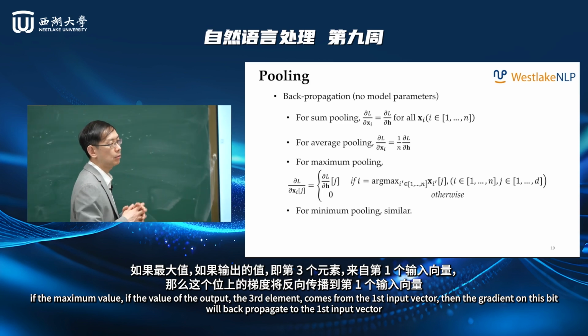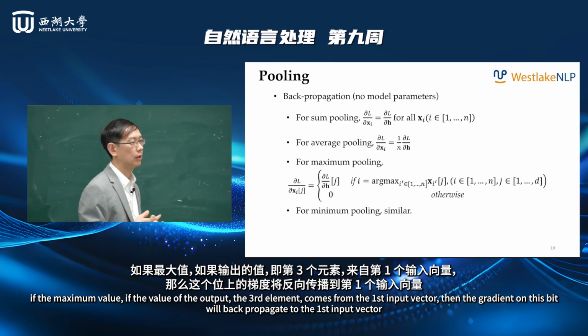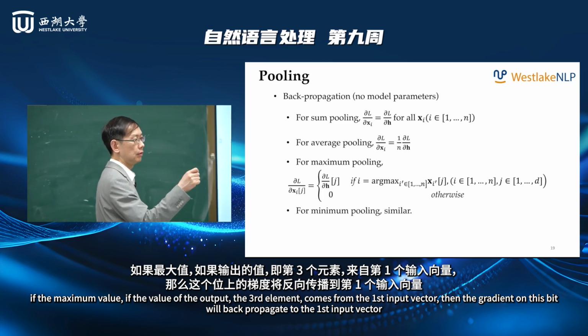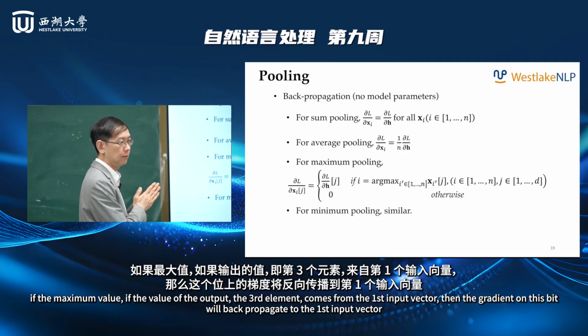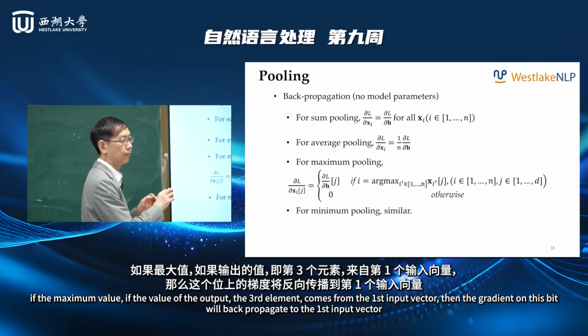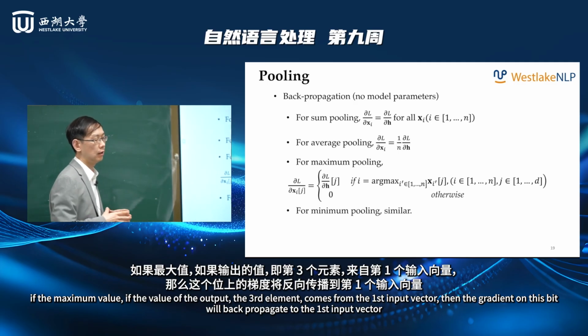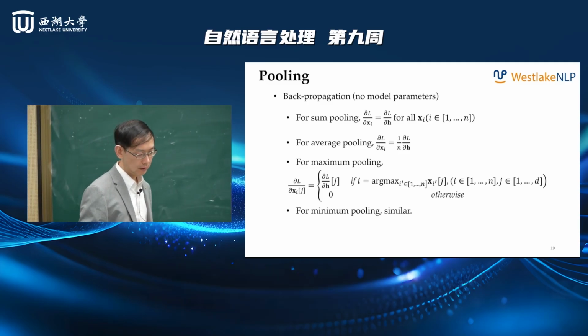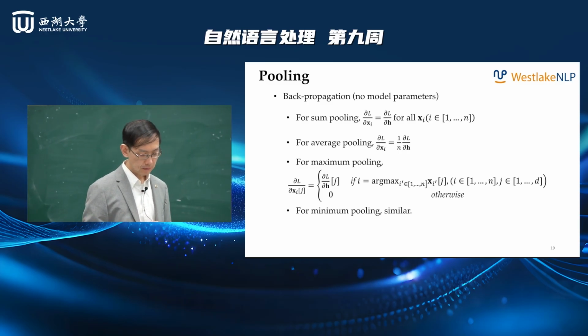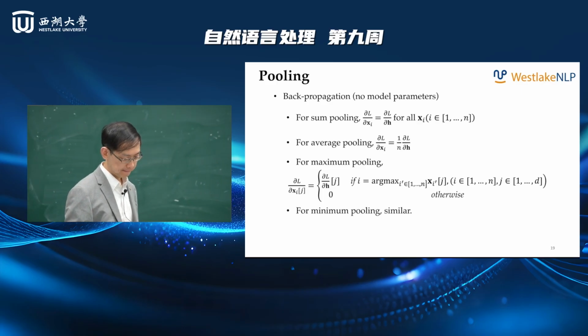So if the value of the output, the third element, comes from the first input vector, then the gradient on this bit will backpropagate to the first input vector. So that's what this equation says.